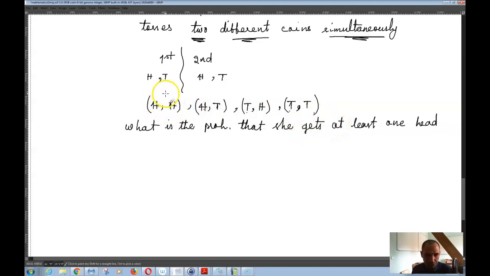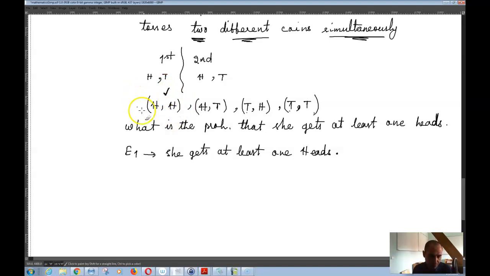For example, if I write this event E1 as she gets at least one head, these are heads. At least one head, so you would have this favorable.